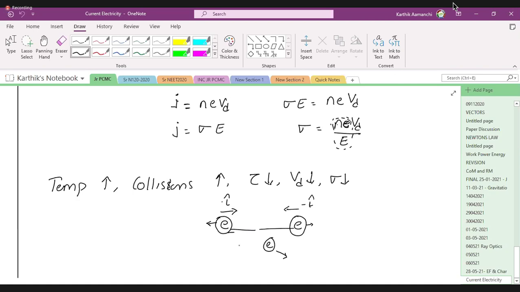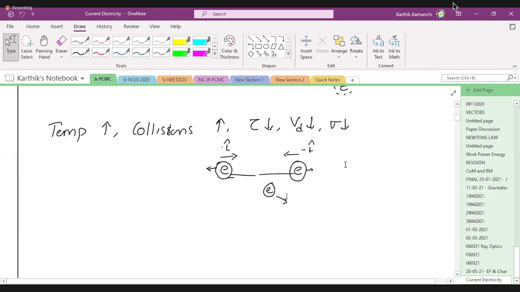So obviously your relaxation time, the average collision time, decreases, and hence your drift velocity also decreases. So when drift velocity decreases, what happens to your conductivity? Conductivity decreases, resistivity increases.